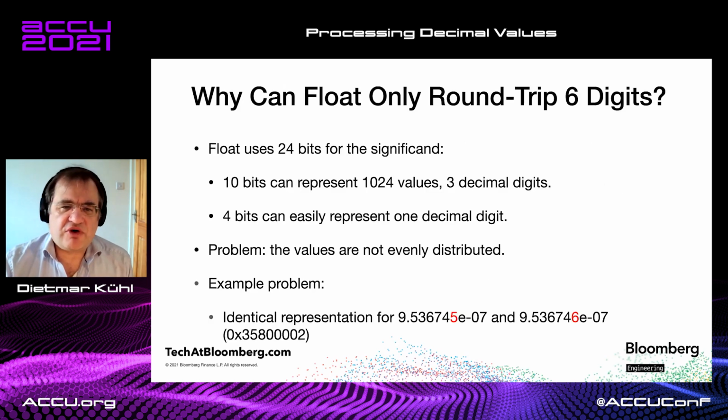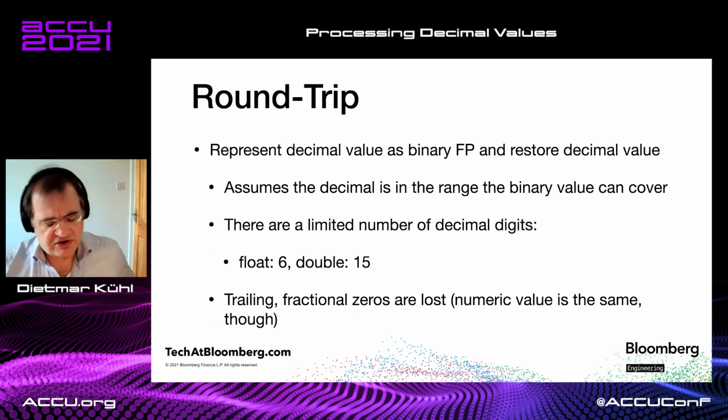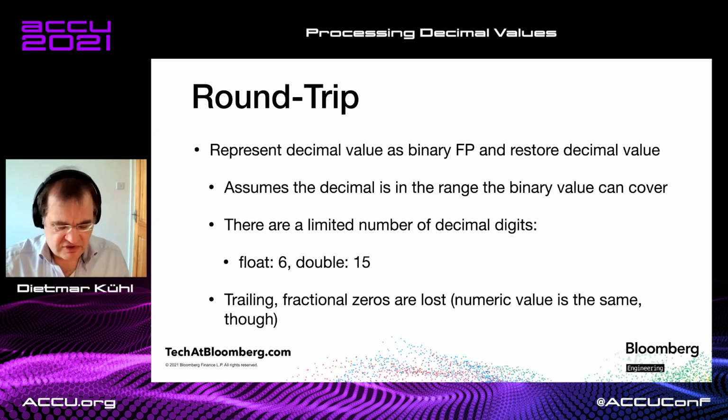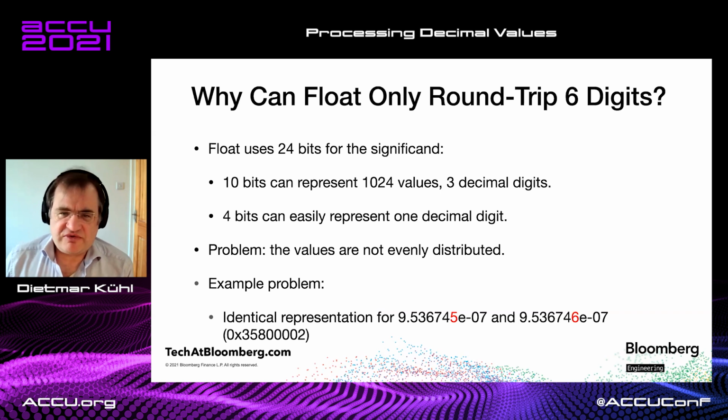So getting back to the number of digits, there are frequent discussions I have where people say, "Oh, no, it's fine. I can stick 7 decimal values into a float. This whole 6 thing is nonsense. I've tried it." Well, it turns out this is actually not true. So why can't float round trip 6 digits? It uses 24 bits, right?